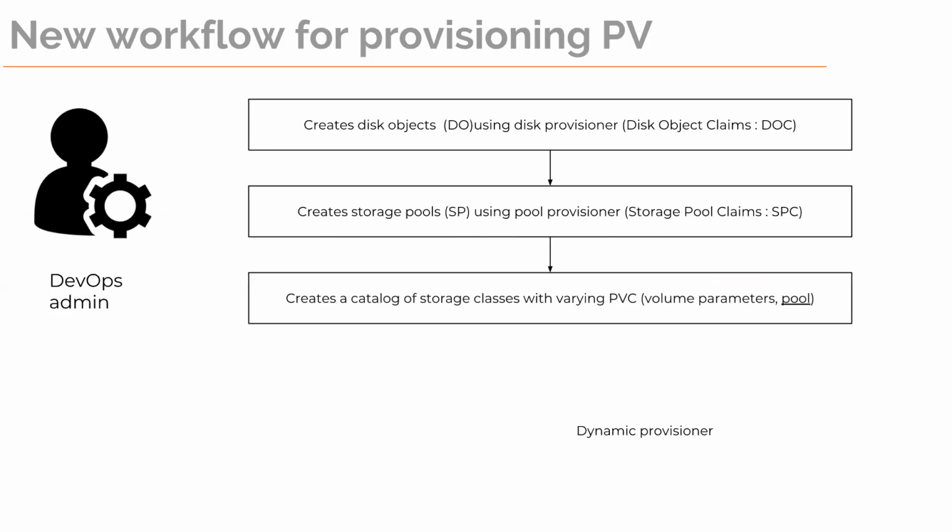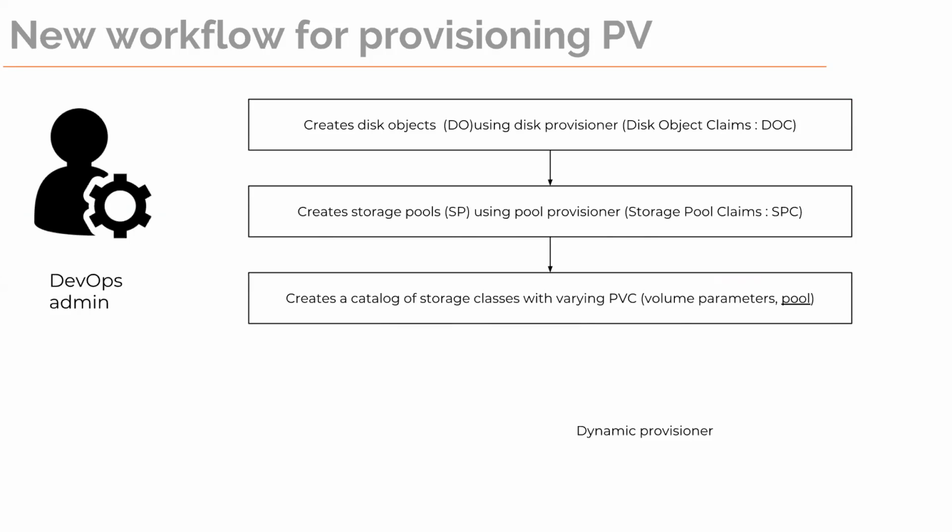And one of the main additions that we're adding into this storage class is this concept of pool. Right? So far, it's all about I need a volume with certain parameters, but now you're going to say I need a volume from a given pool, right? That's exactly where the pool and the underlying disks are going to be hooked in.